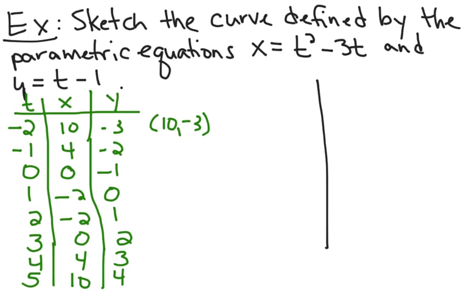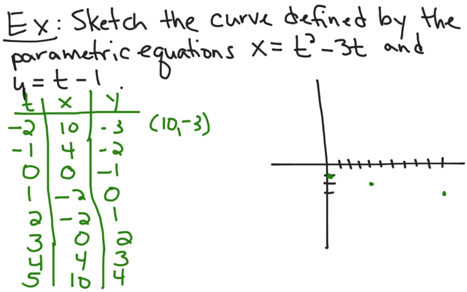So now when I look at this graph, I have 1, 2, 3, 4, 5, 6, 7, 8, 9, 10. So I'm going to graph (10, negative 3). I'm going to graph (4, negative 2), which is going to be about here. (0, negative 1) is here.